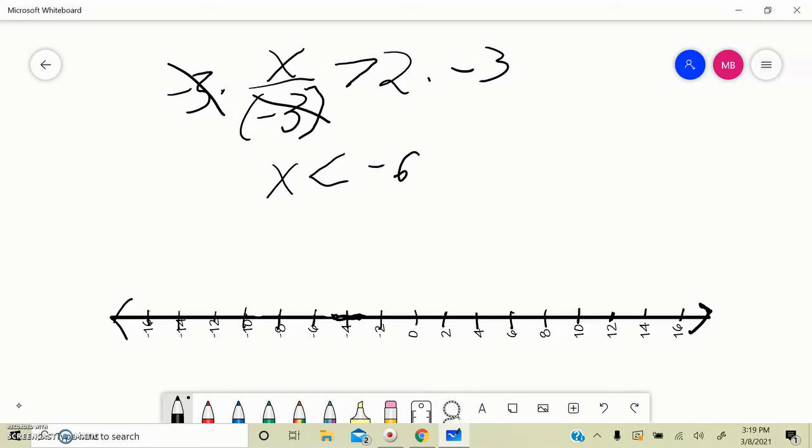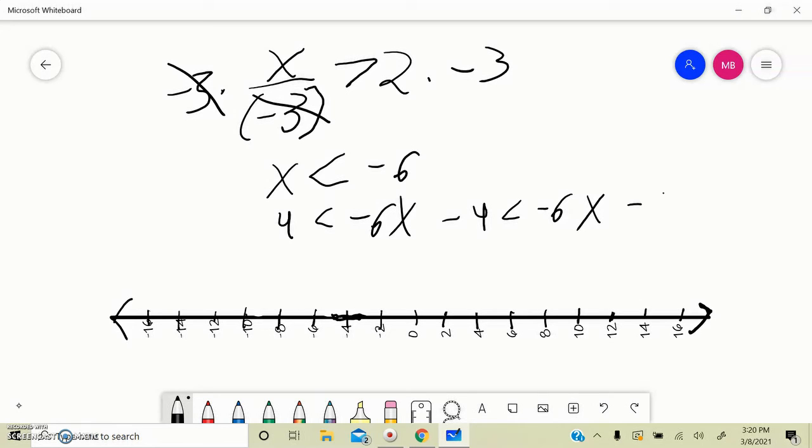So, good test on my numbers. Let's do 4 is less than negative 6. Is that true? No. Okay. Let's try negative 4. You know, 2 negatives. No. Remember, close to 0 is bigger than further from 0 on the side with my negatives.